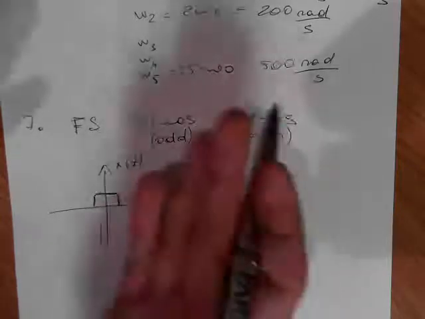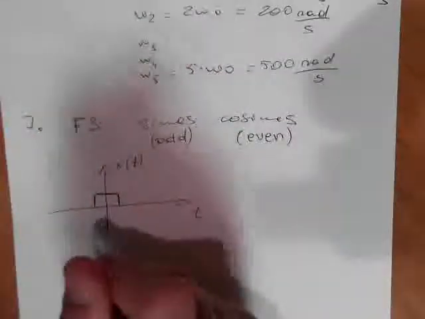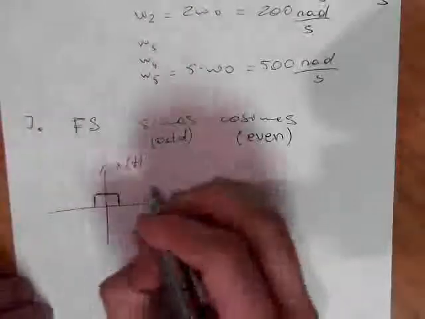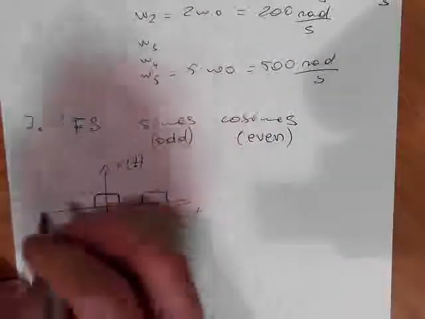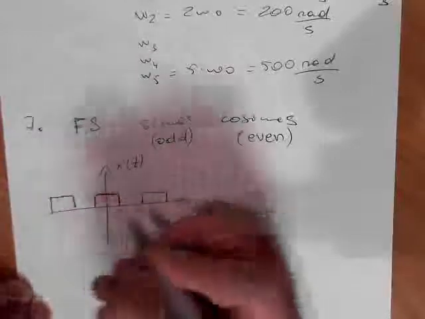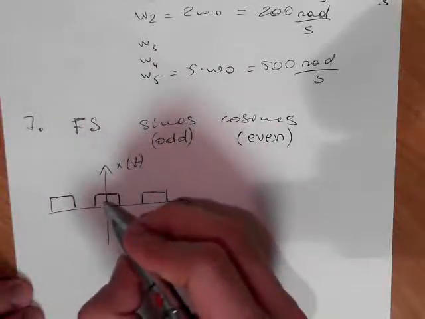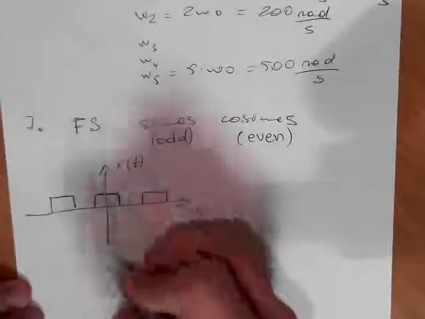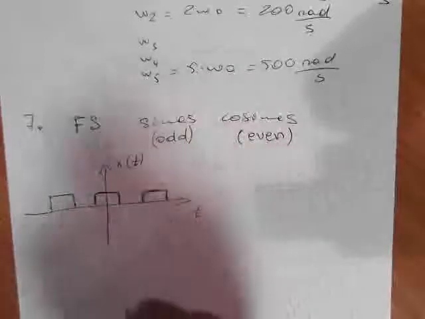If you took the y-axis and folded minus k and plus k onto each other, they would overlap. So it should be mirror images according to the y-axis. So this signal is even.